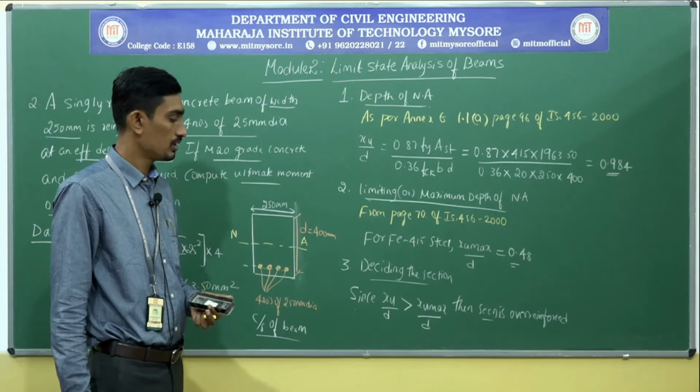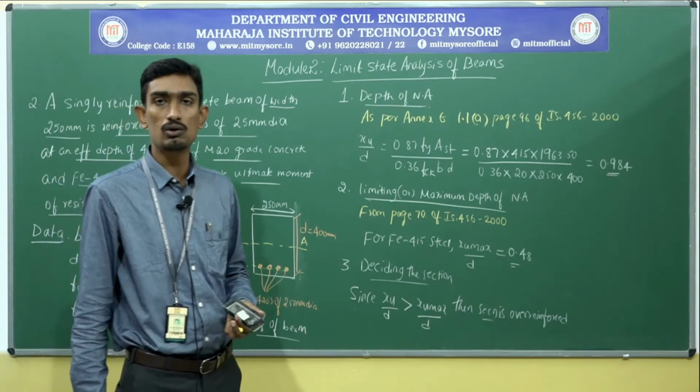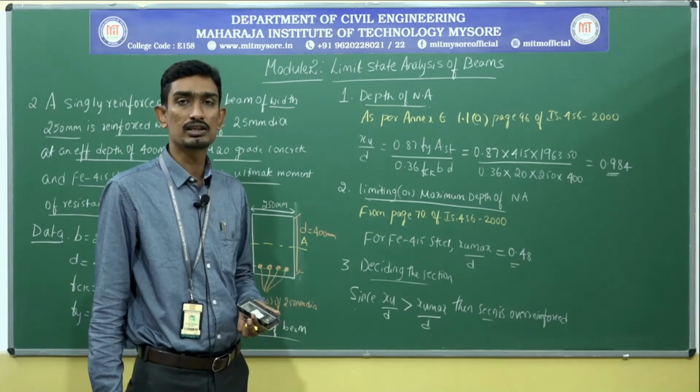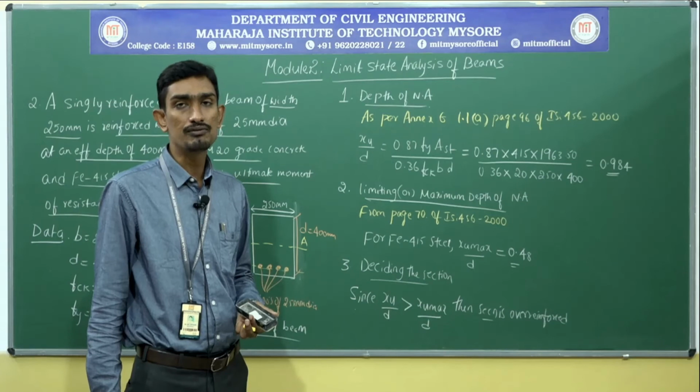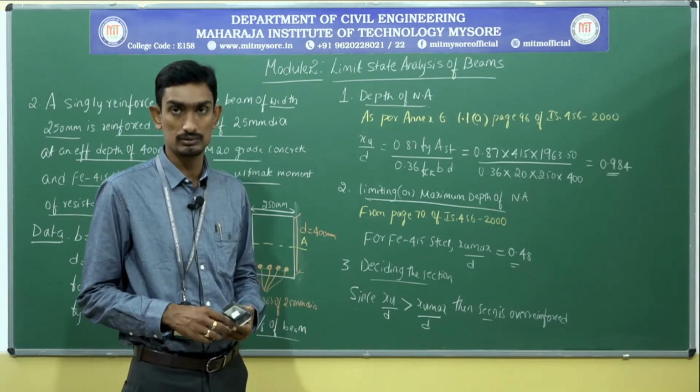Is it clear? Yesterday's problem, or the last session's problem that we worked out, was under reinforced. Now we come up with a section that is over reinforced. So now how to proceed with the over reinforced section?